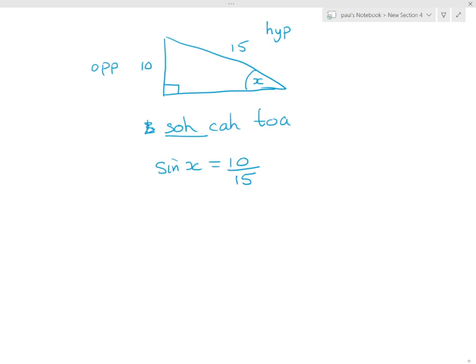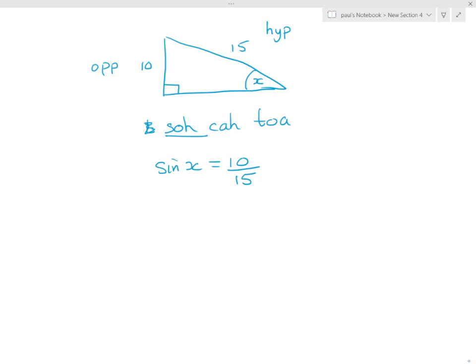Now, instead of finding the sine of a known angle to equal a number, what we're doing here is we're using the number to find the angle.